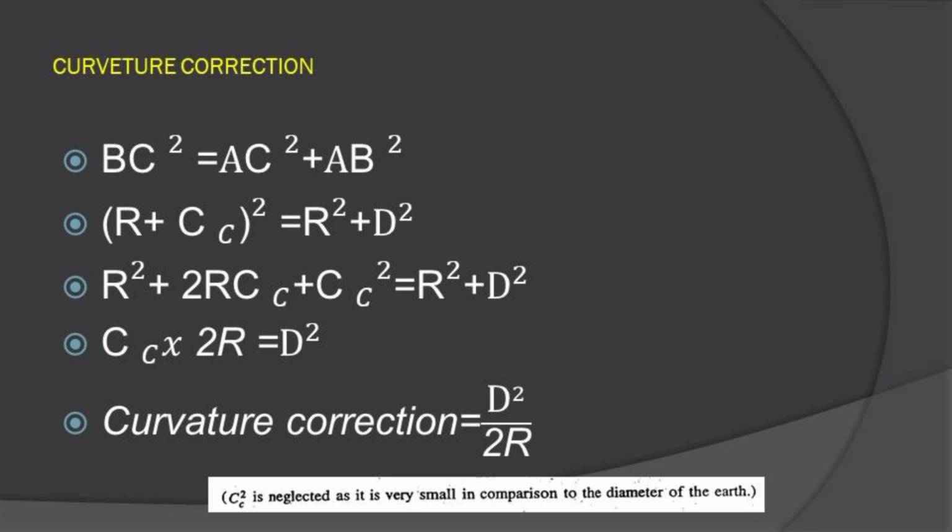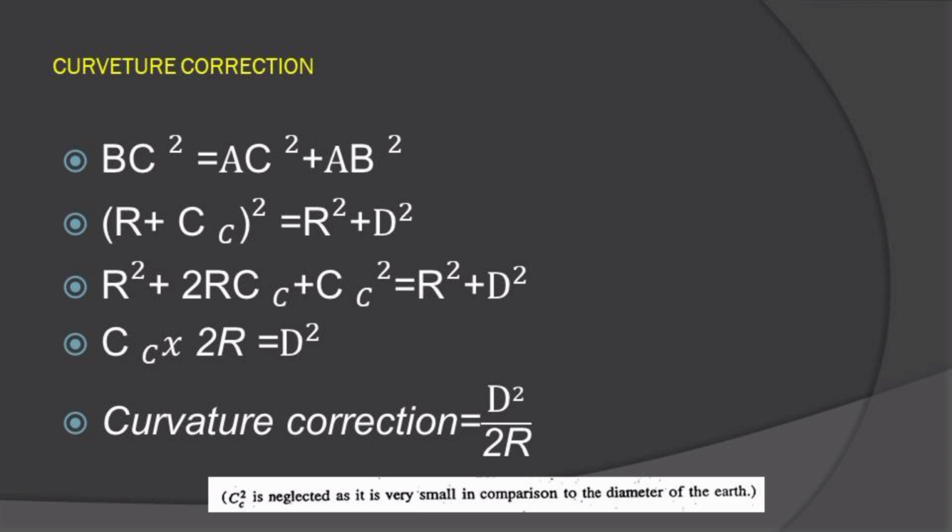Our equation, we are left with R squared, which when it shifts to the other side it becomes a subtraction and our answer becomes there as 0. After that we remain with 2 RCC is equals to D squared.